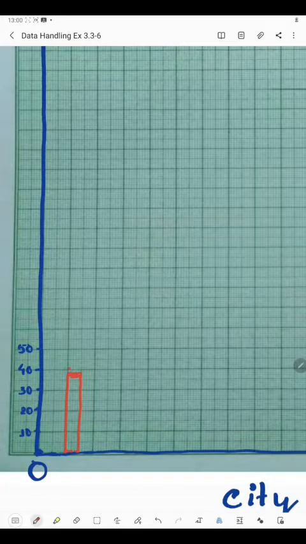Suppose this is showing maximum temperature in Ahmedabad. So we have shaded this, and we will have to mention which bar represents maximum and minimum.